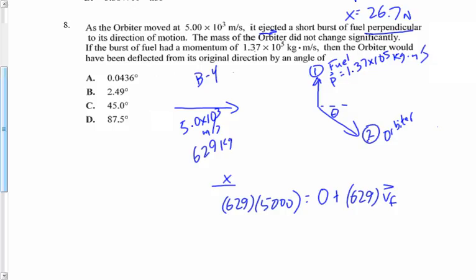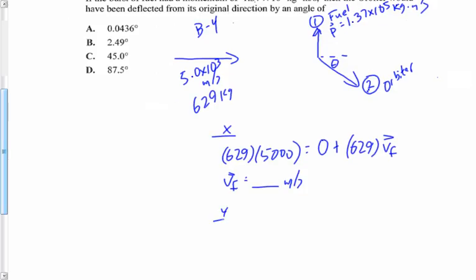I'm not going to go through the process of solving for that. You can do the same thing for the y component, but the initial momentum here would be 0. It's equal to 1.37 times 10 to the 5. Don't need to multiply m times v here, because I already got the momentum given to me. Let's add that to 629 VF, solve for VF.